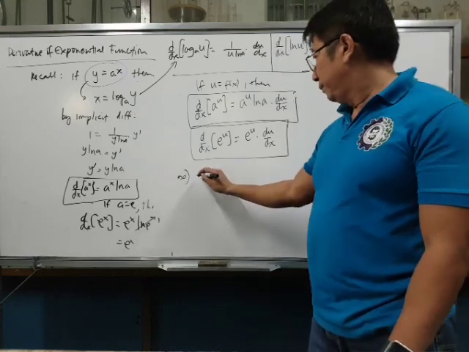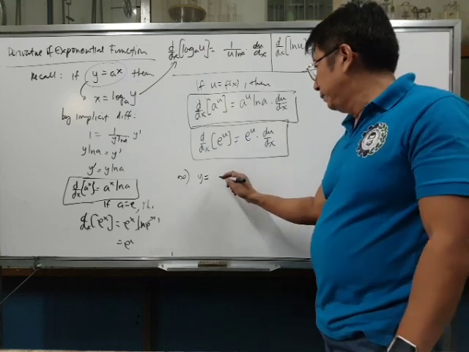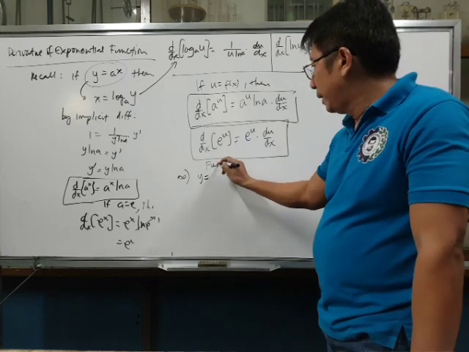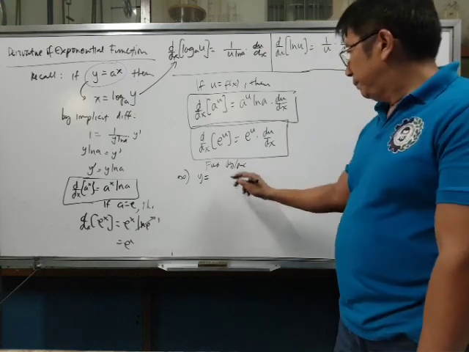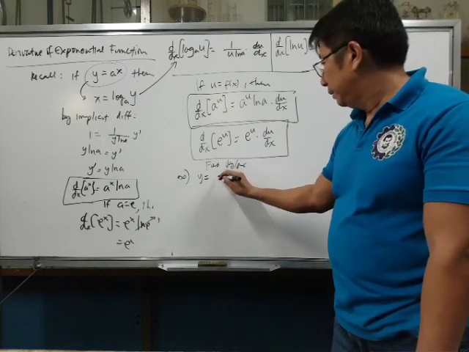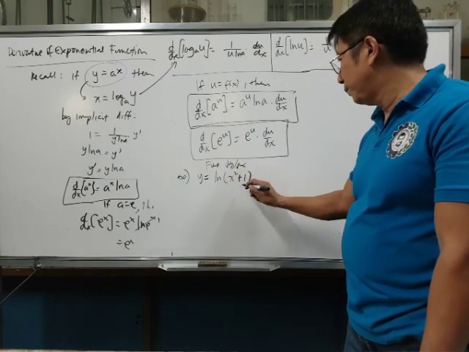Suppose that we have y is equal to, of course, we calculate dy dx. So one example is ln of x squared plus 1.